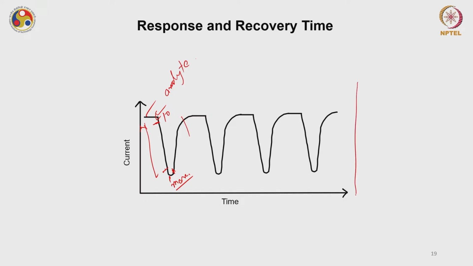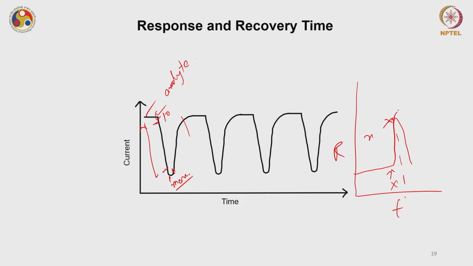Consider that I have a sensor where this is, say, the baseline, and I have introduced some analyte X at this particular time. So this is time versus, say, resistance. Now I have switched the X off at this particular time. Ideally it should come to this position, but it is not coming.